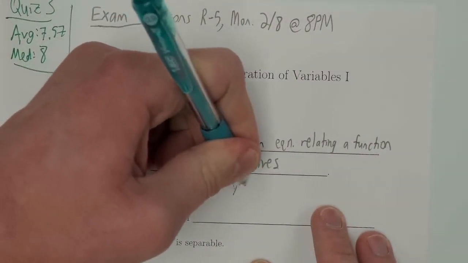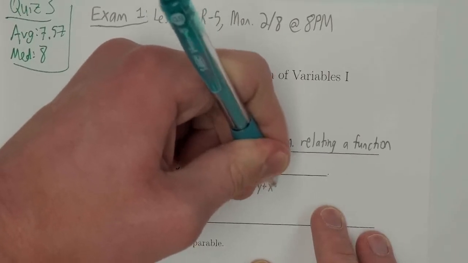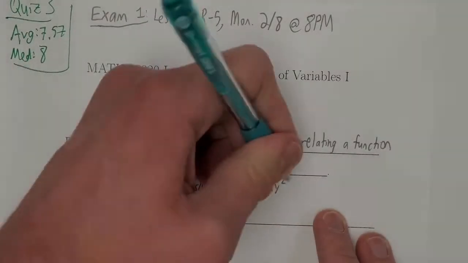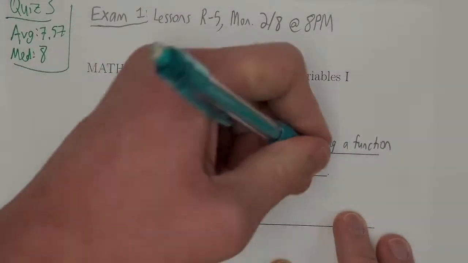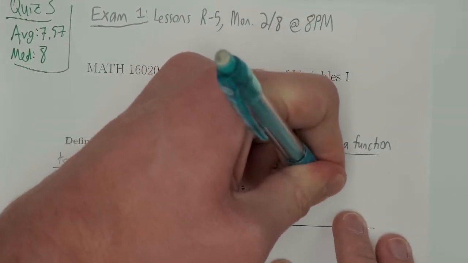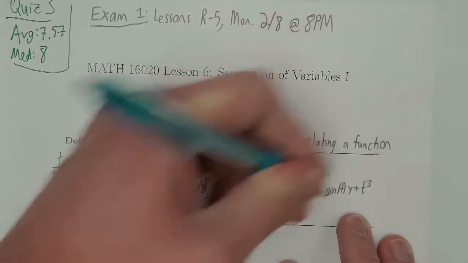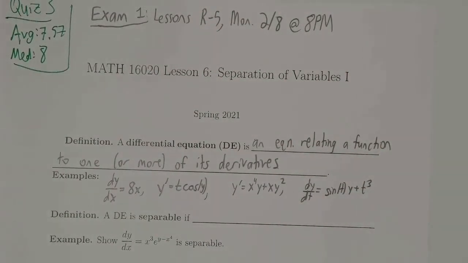Y prime is x to the 4th y plus xy squared. And the last one is dy dt is equal to sine of t times y plus t cubed. Okay? So these are all just basic examples of differential equations.